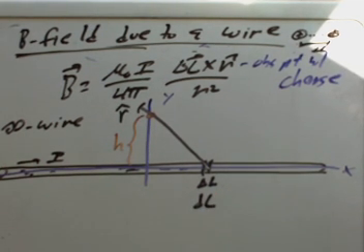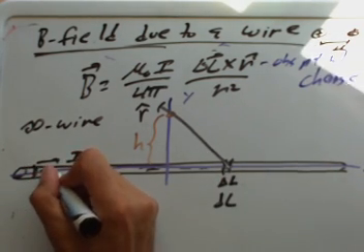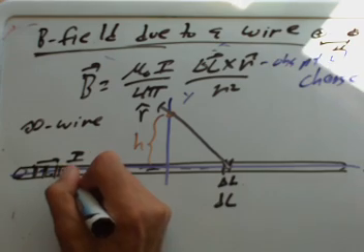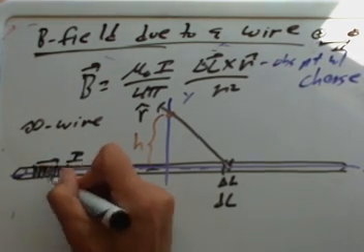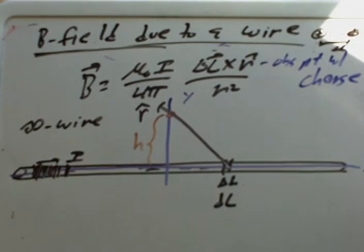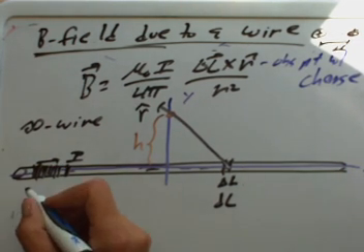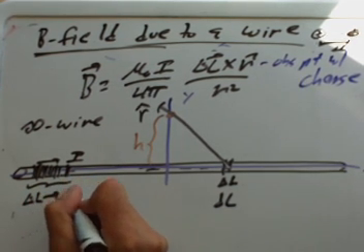Because what we're actually going to do to make this problem work out, I'll work over on this side of the wire because it won't affect anything, I'm going to draw it over here. We're going to slice the wire up into very small slices. There's a slice, here's a slice, here's a slice, and even in between these two slices there's another slice, and even between these two there's another slice. You can see the drawing gets quite messy, but all of this is what we mean by the transition as we go from delta L to dL.